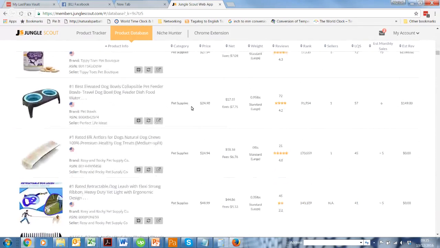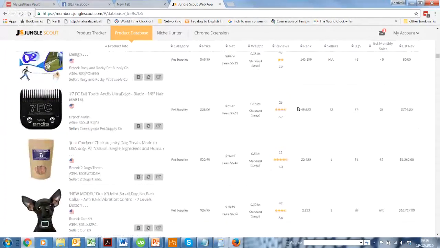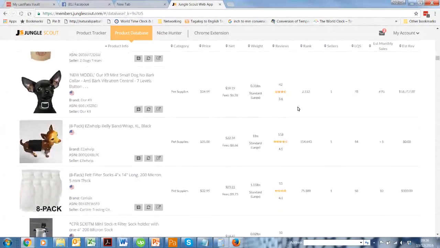Now, again, as I'm scrolling down here, what I'm doing is mentally having a look through. I know we've got the filters in there, but I just want to see what the estimated revenue per month is. It's 149 revenue on this one. So I'd really want to move on from that. And again, we can go back and change the filters on this if we really need to.